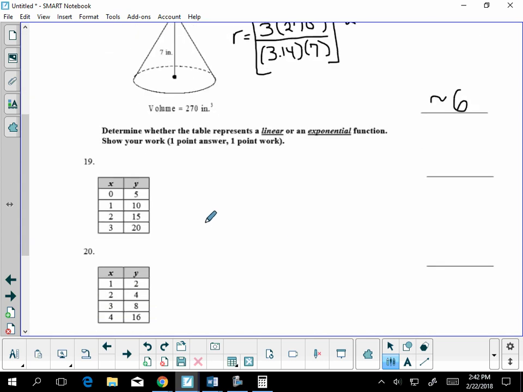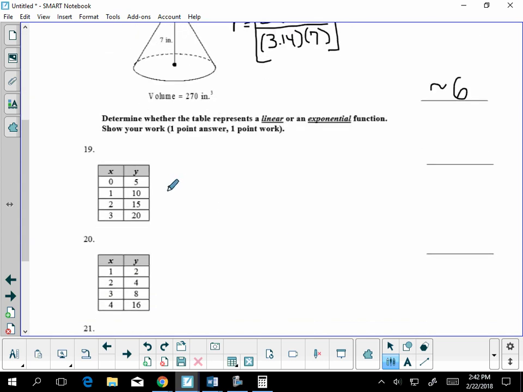On number 19, you are adding 5 to your y's each time. So if you're adding the same amount each time, it's linear. On 20, you're going from 2 to 4, 4 to 8, 8 to 16.